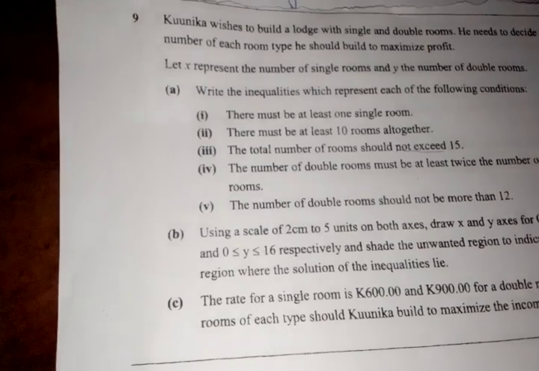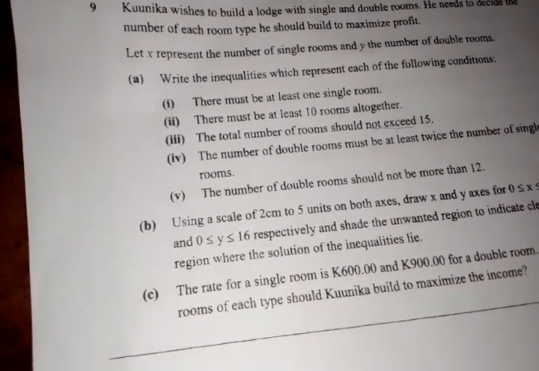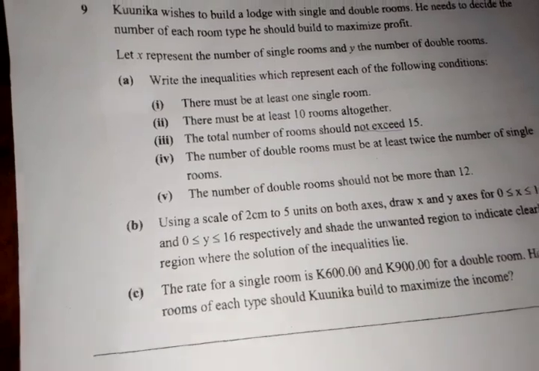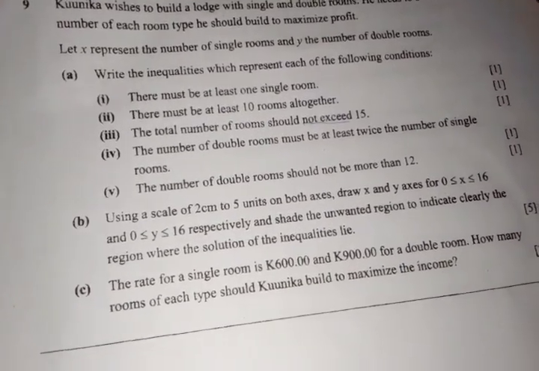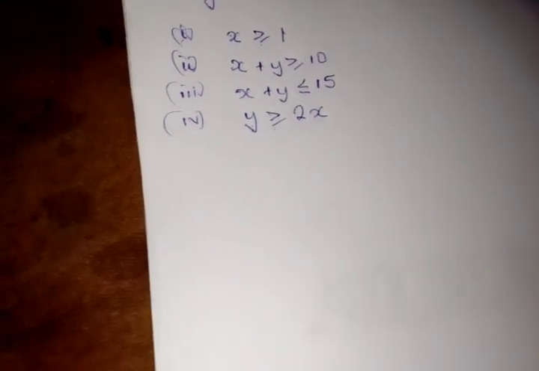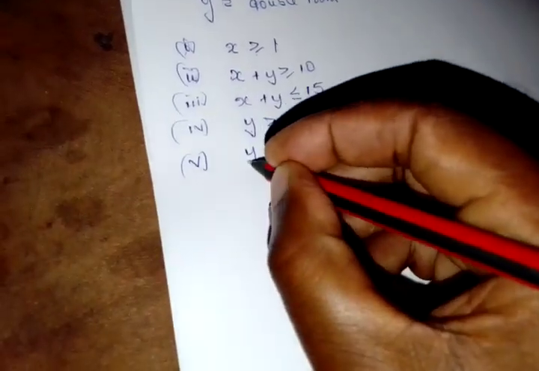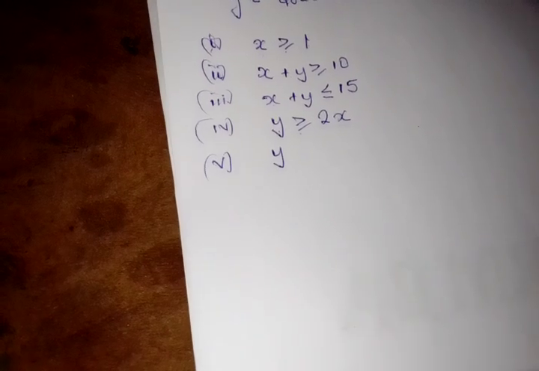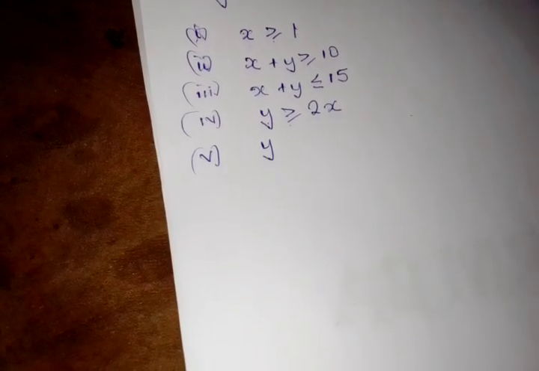The number of double rooms should not be more than 12. So double room, we know it's a y. So we put y to represent the number of double rooms. Y should not be more than 12.